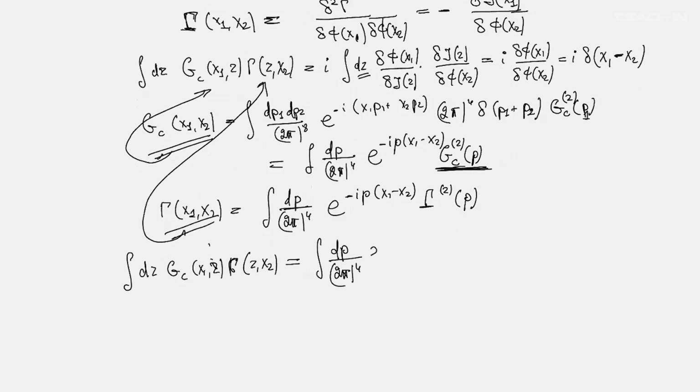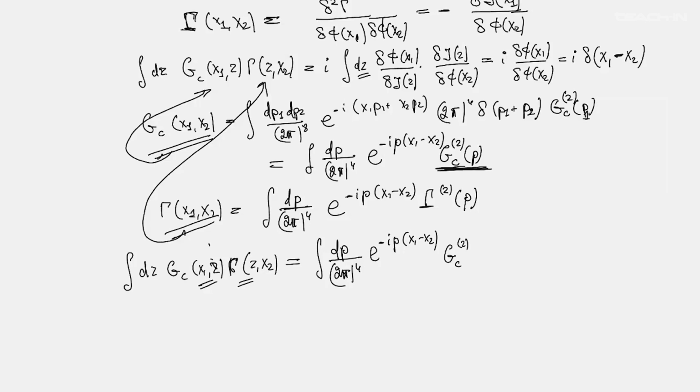So we have to substitute. We will have two integrals over momenta, but then the integral over z will produce one delta function, which allows us to take explicitly one momentum integral, and we will be left over with just a single momentum integral. So exponential minus ip x1 minus x2. And here you will see the product Gc 2 p, gamma 2 p.